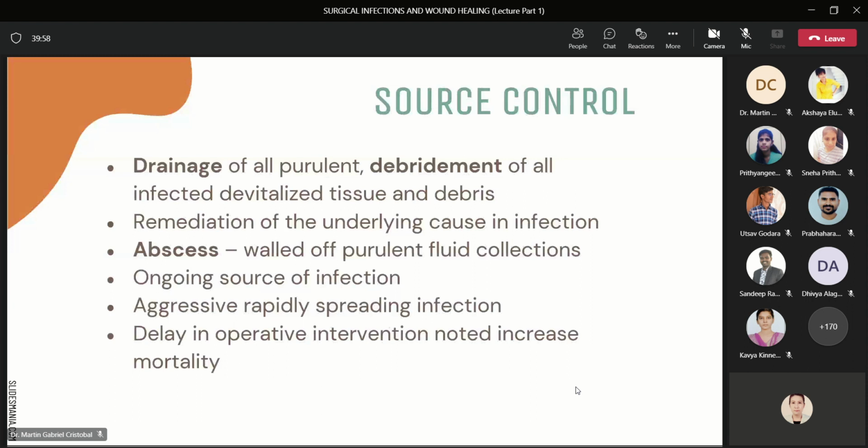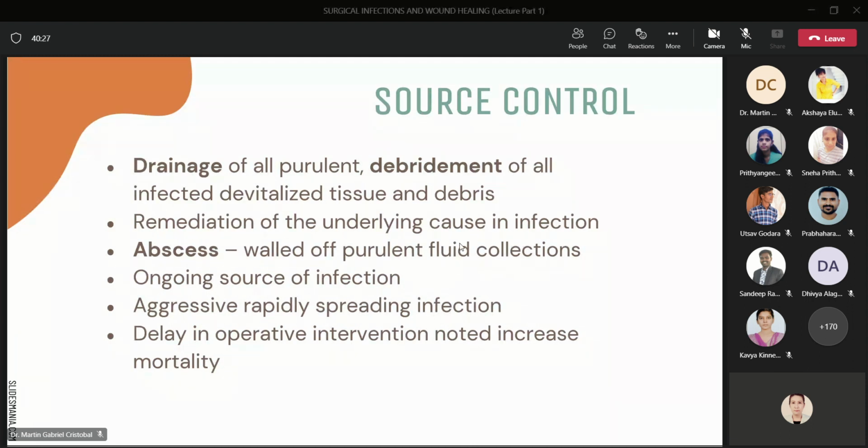An ongoing source of infection, such as a bowel perforation, is managed by resection or repair of the perforation. An aggressive, rapidly spreading infection, such as a necrotizing soft tissue infection, should undergo emergency debridement. And a delay in operative intervention is associated with increased morbidity and occasional mortality.